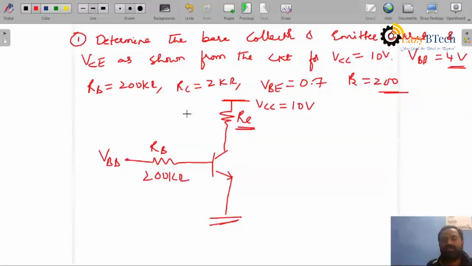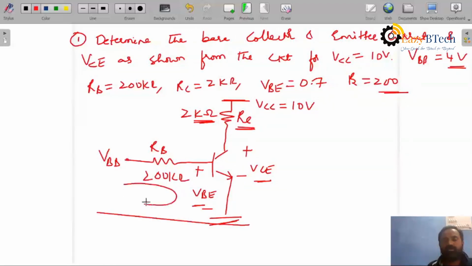RC how much he has given? 2 kilo ohm. VBE, this is VBE. Okay, we will write this equation from here. The loop current equation, here the current is IB. This is 4 volts he has given.